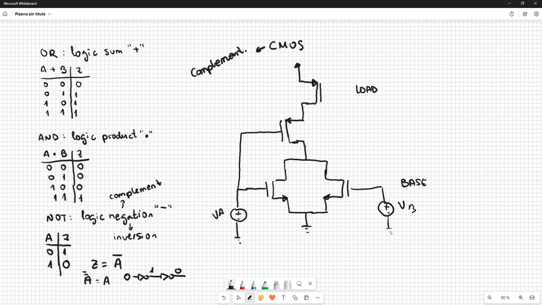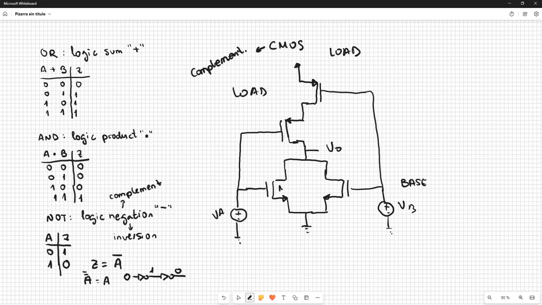The arrow is entering here. Okay. Sorry, it's the first time I'm using the tablet for doing this. I'm not very fast. So here we have the complementary of the other transistor, and here we have the output just in the middle between the load part and the base part.